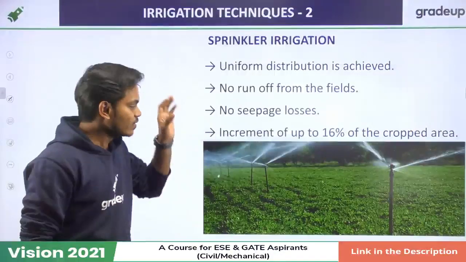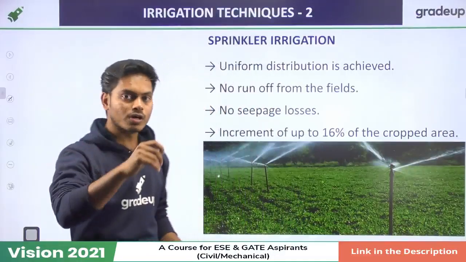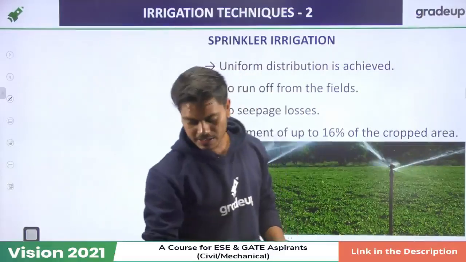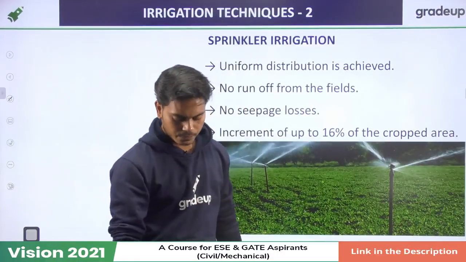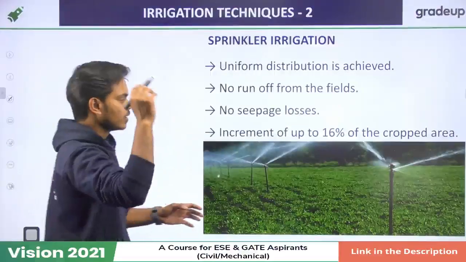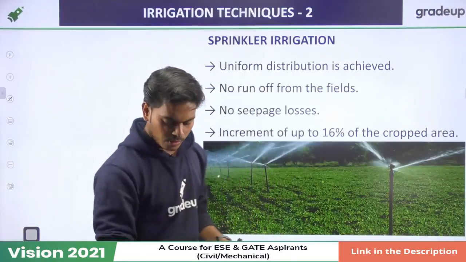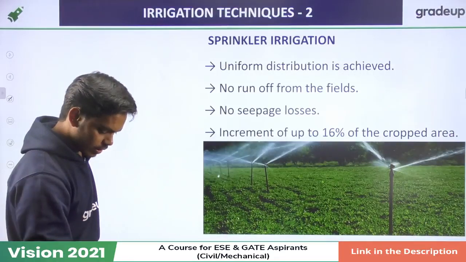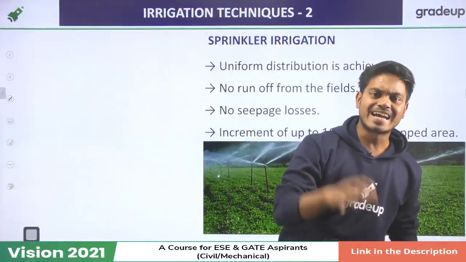You are able to distribute the water uniformly, because this is one of the most important factors when we are doing the irrigation. Next is no runoff from the field. We are providing water in a spray form. So what is happening here is, as you can see, there is no concept of stagnant water.